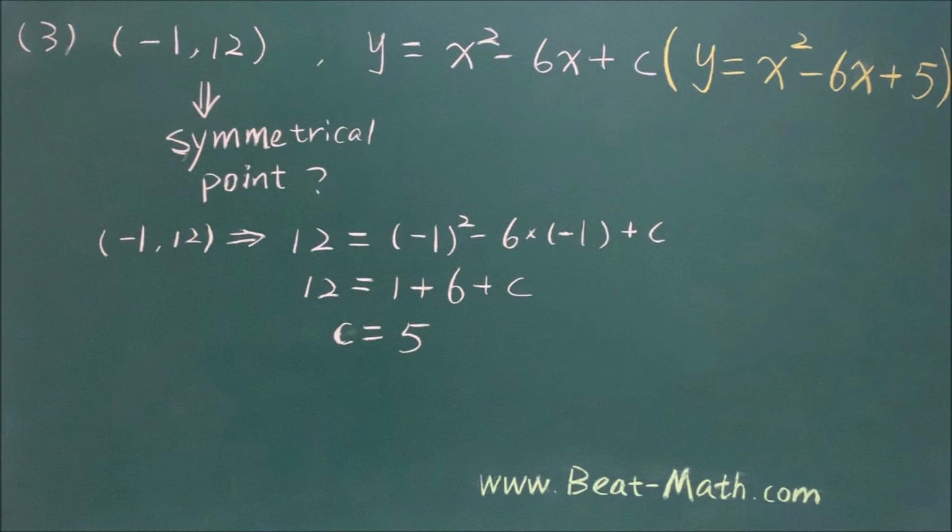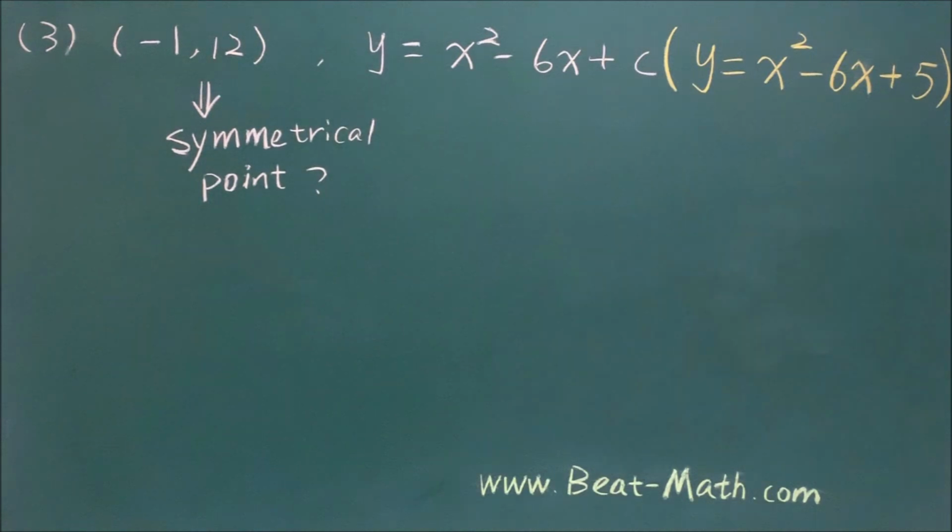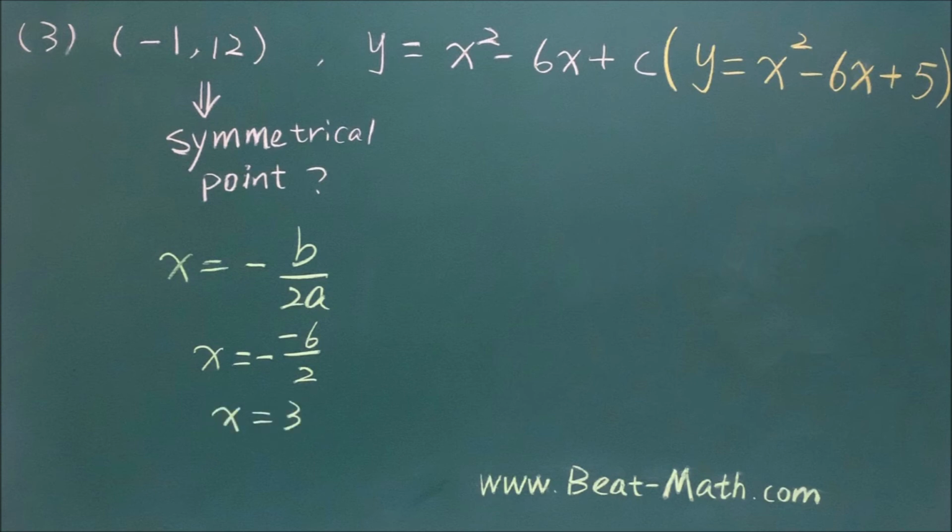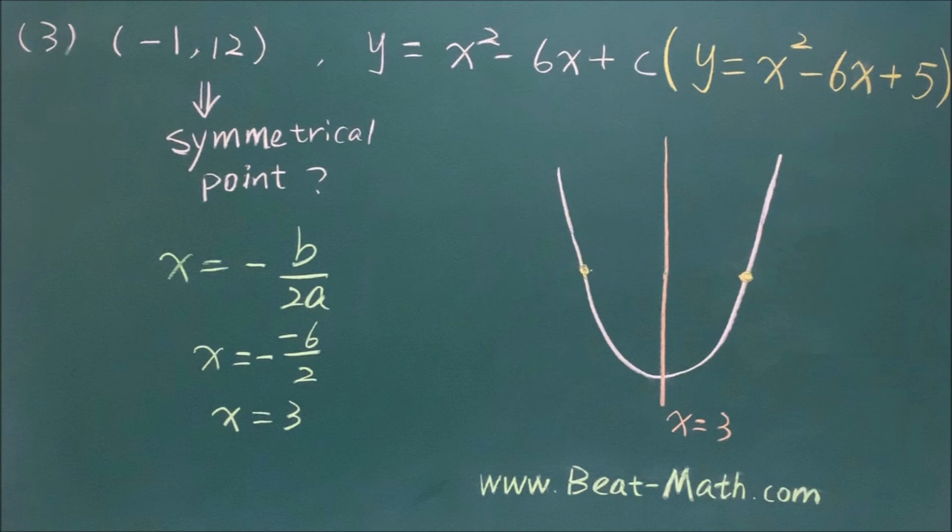As we already learned, the axis of symmetry of the parabola is x equals negative b over 2a. Here, x equals negative 1 times negative 6 over 2, which is x equals 3. Next, we graph the function. The symmetric point of negative 1 and 12 has the same y-coordinate, 12.